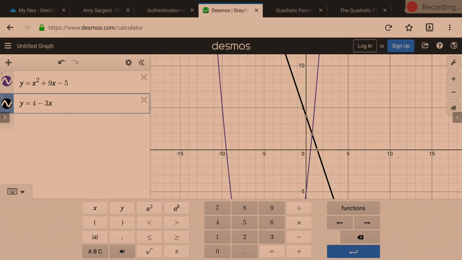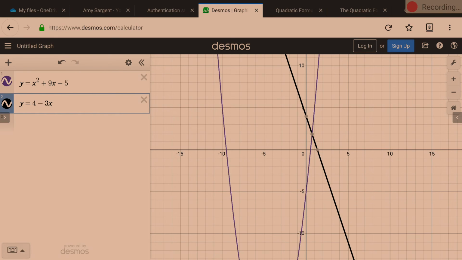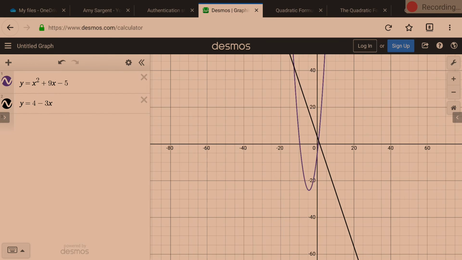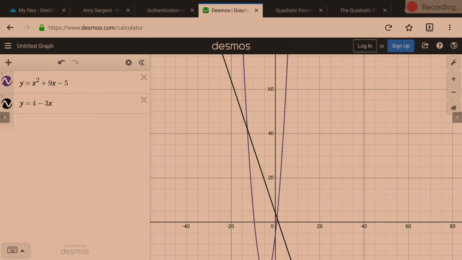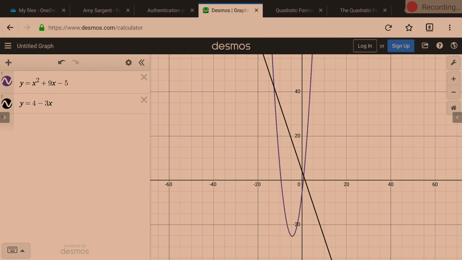So, okay. Now, when you get there, if your graph is like my graph, it's really zoomed in. At least this is how mine was this morning. It was kind of more zoomed in. And so you really need to work on zooming it out so you can see the whole thing. In terms of, if I have a parabola and a line intersecting, how many places are they most likely intersecting?